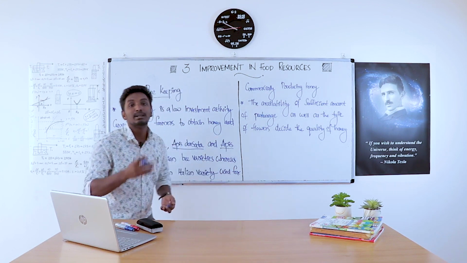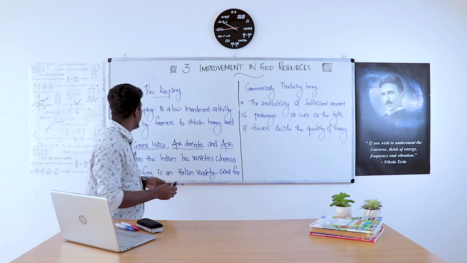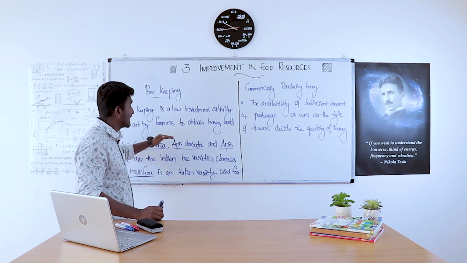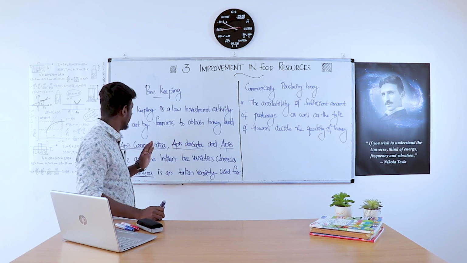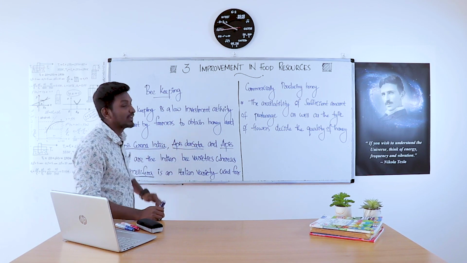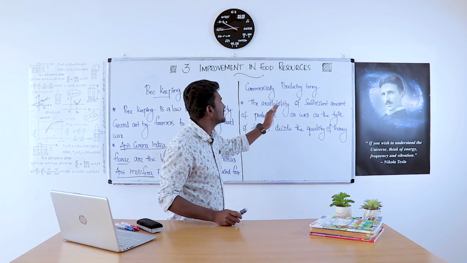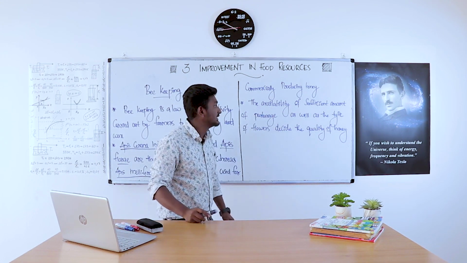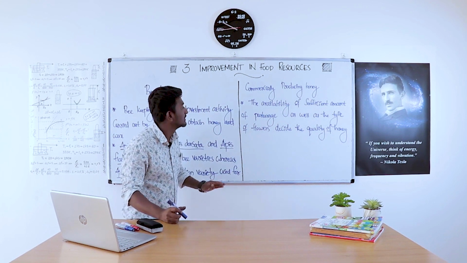So for commercial production of honey, we are using the breeds Apis cerana indica, Apis dorsata, and Apis florae, which are Indian varieties, whereas Apis mellifera is an Italian variety. The availability of a sufficient amount of pasturage as well as the type of flowers decides the quality of honey.